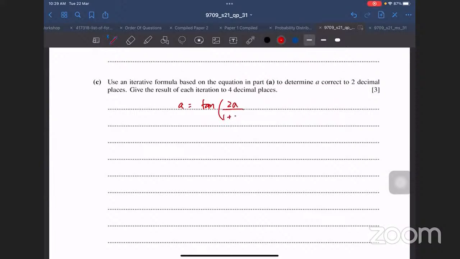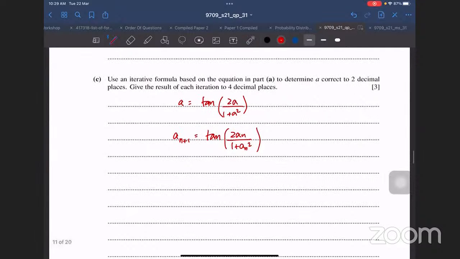I can create an iterative formula, a n plus one equals tan of 2 a n over 1 plus a n squared. I'm going to use the starting value of 1.4, the midpoint of 1.3 and 1.5. I need to give each result to 4 decimal places and alpha correct to 2 decimal places. So I'm going to use my calculator to come up with all these iterations.